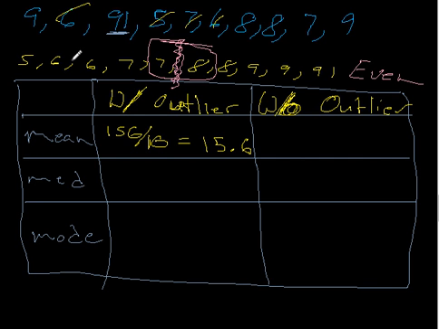So look here. I have 4 values here, and I've also got 4 values here, right? So that means that I have 2 middle numbers, 7 and 8.